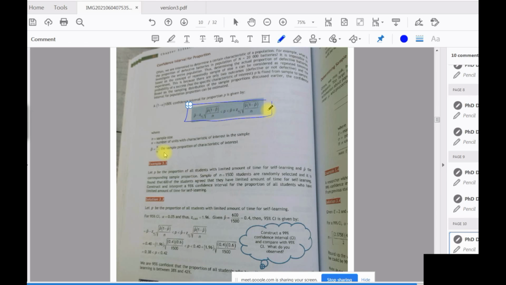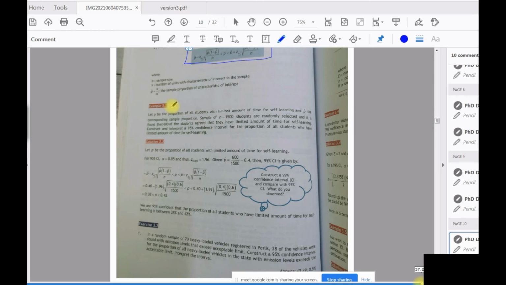Okay, and then let p be the proportion of students with limited time for self-learning, and the corresponding sample proportion. A sample of n equals 1,500 students are randomly selected, and it is found that 600 students agree that they have limited time for self-learning. Construct and interpret a 95% confidence interval for the proportion for all students.